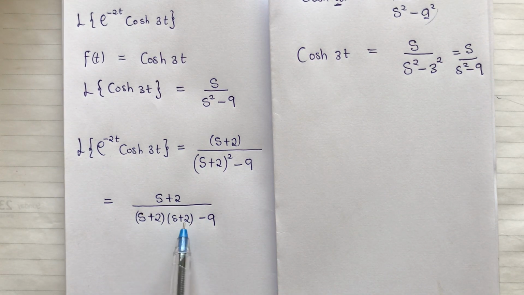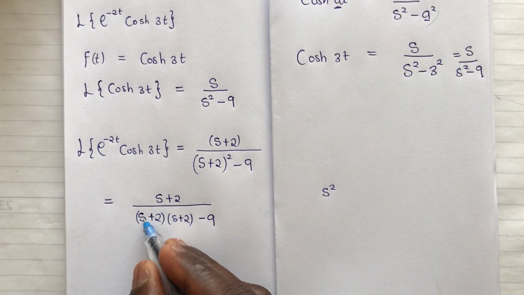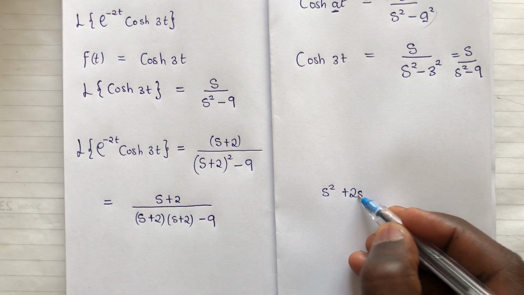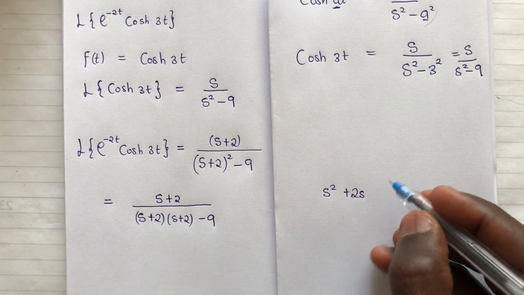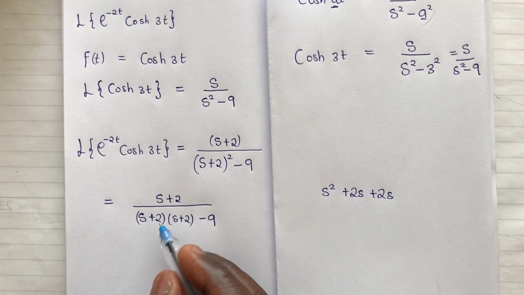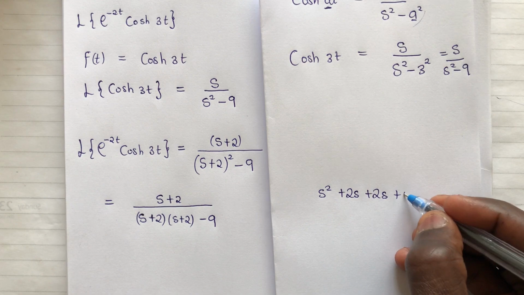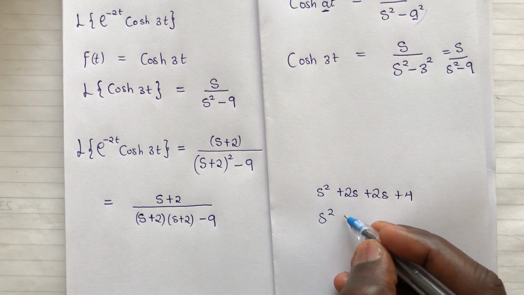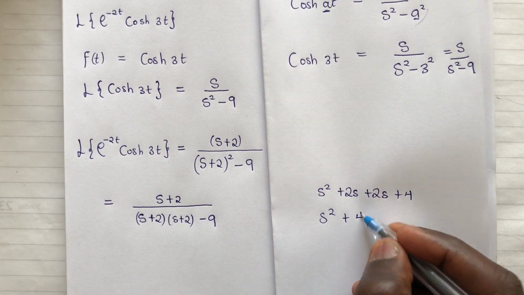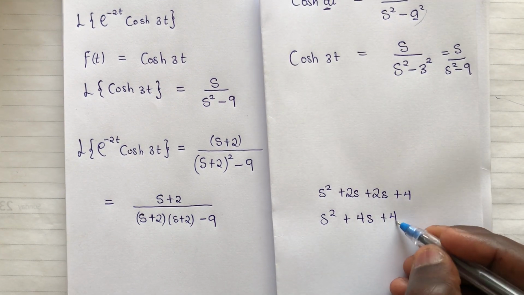We expand the denominator. This is very simple, so those of you can finish this. This time this is s squared, this time this plus 2s, 2 times s plus 2s, 2 times 2 plus 4. This is s squared plus 4s plus 4.